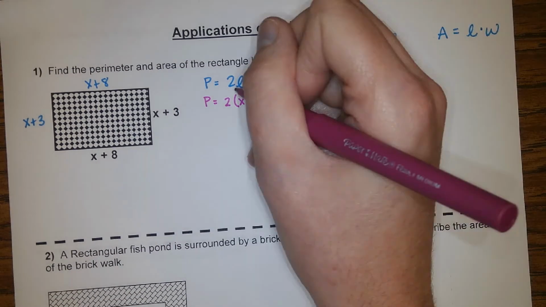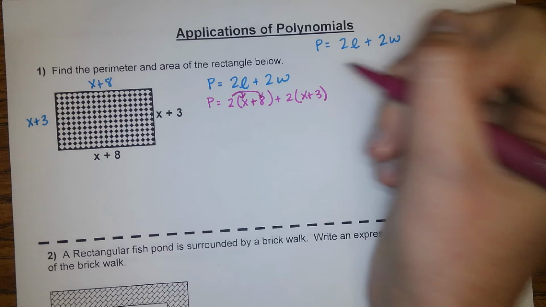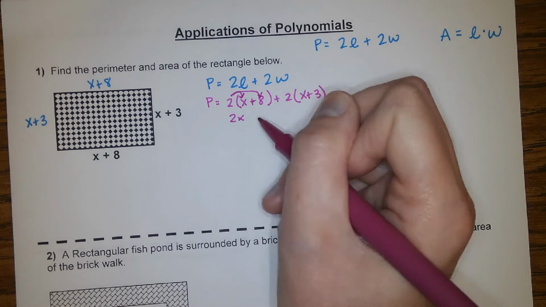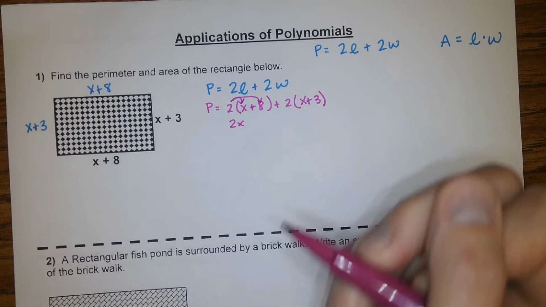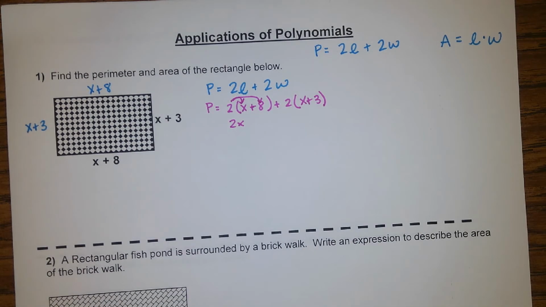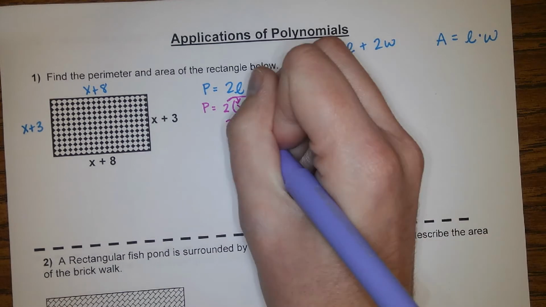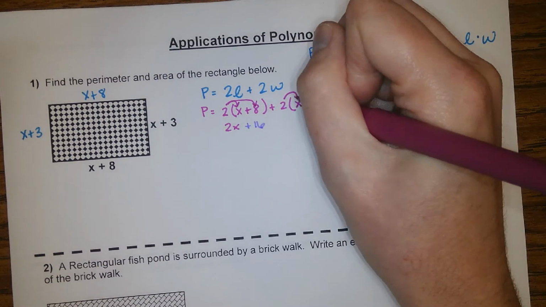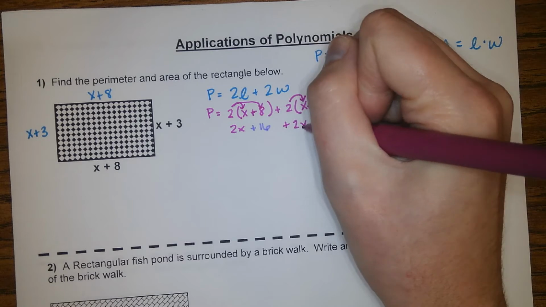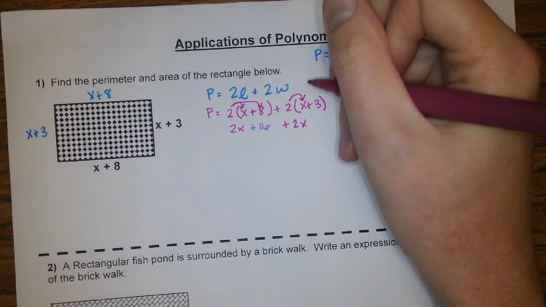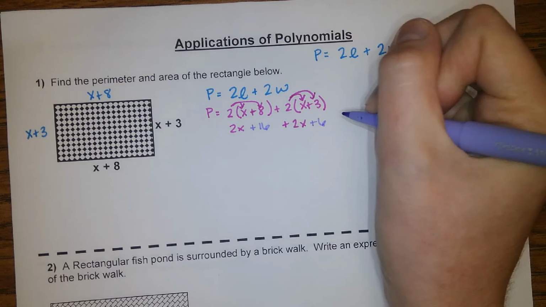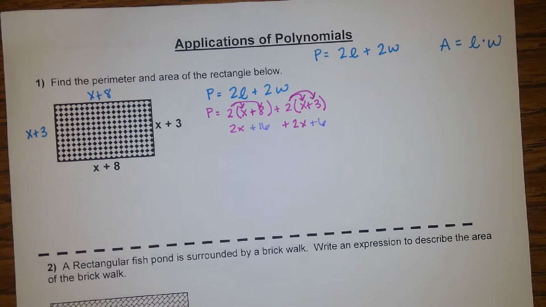And then we are going to distribute our 2 here to get 2x, and I'm going to change up our colors here, plus 16. And then plus 2x plus 6.